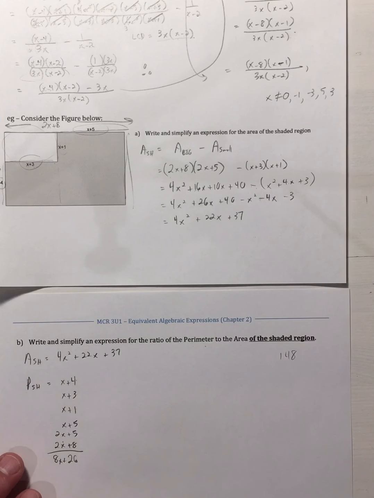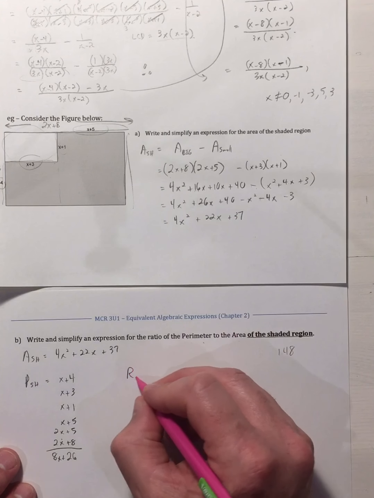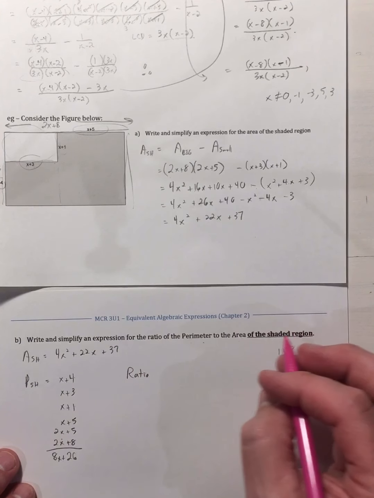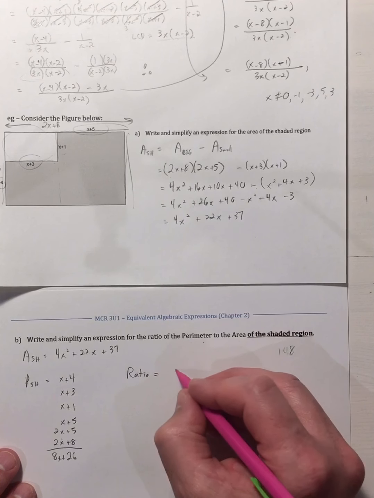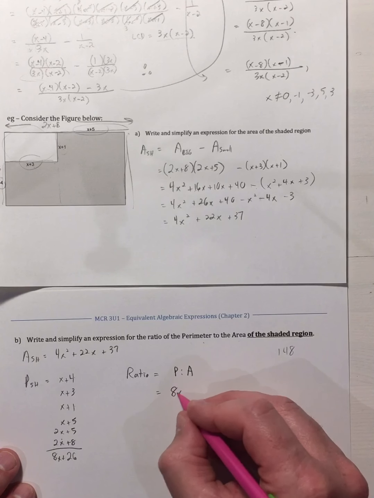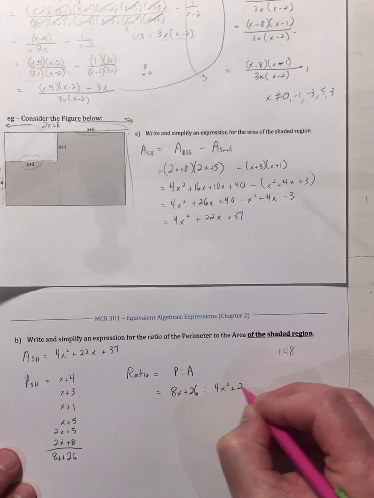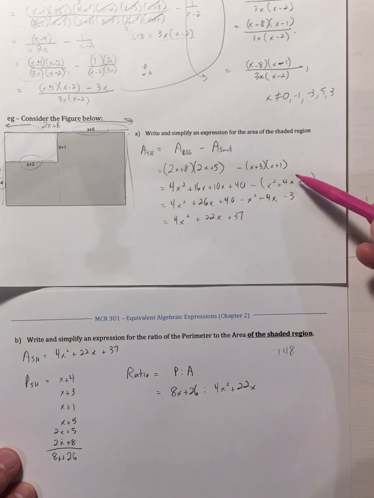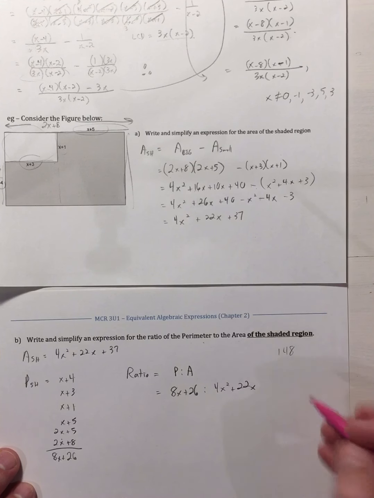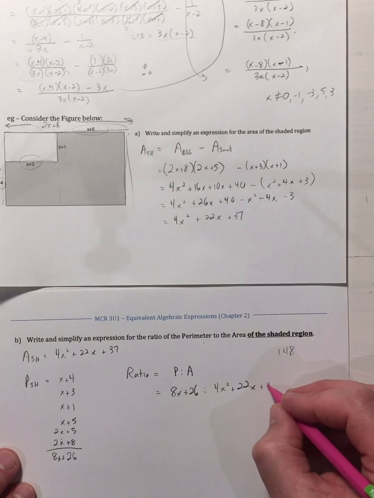So now we want a ratio for the perimeter to the area of the shaded region. My ratio of perimeter to area is 8x plus 26 is to 4x squared plus 22x plus 37.